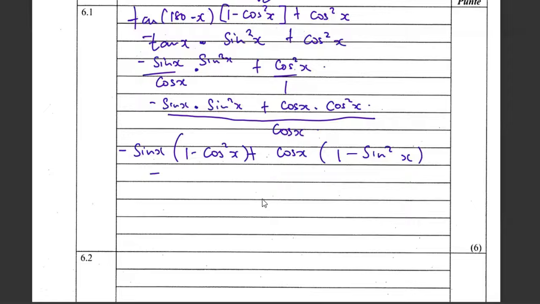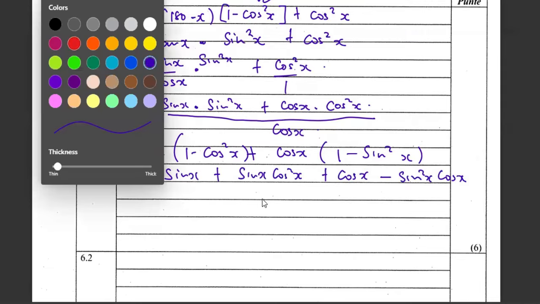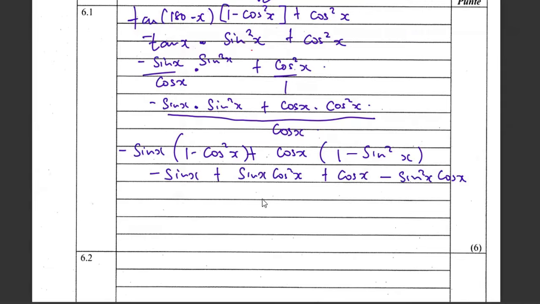If I open this up, I have a negative sine x plus sine x cos squared x. This is a cos x. Then this is a minus sine squared x cos x. Are we able to do any bit of grouping since we have 4 terms?